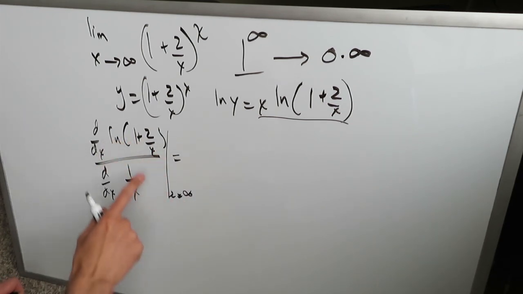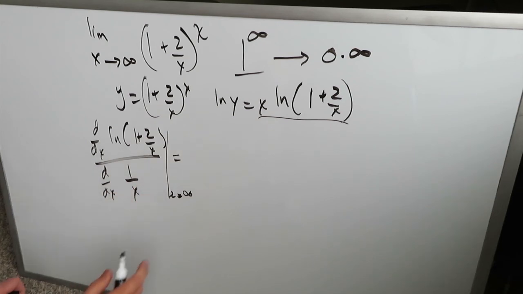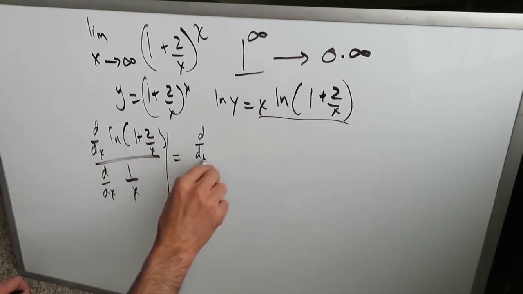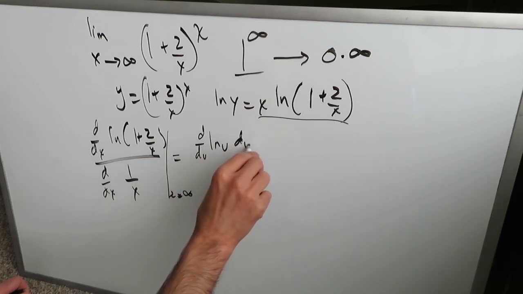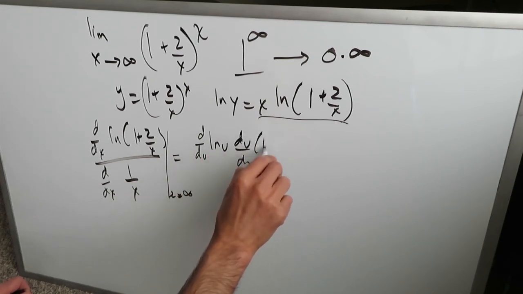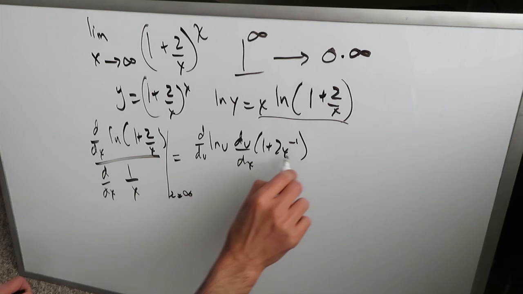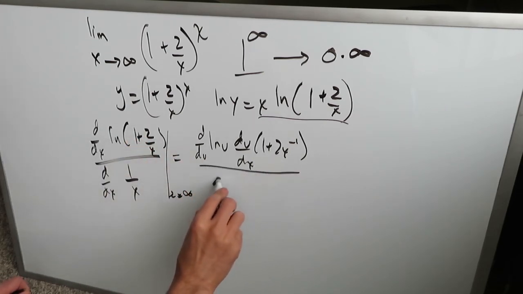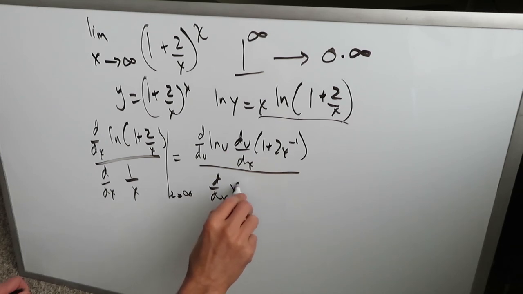When you're doing the derivative of this, it's going to be a little complicated over here because you have to use the chain rule, but more than that, you have to view this as 1 plus 2x to the power of minus 1. You see, 2x to the minus 1. And then here, you're looking at d over dx of x to the power of minus 1.